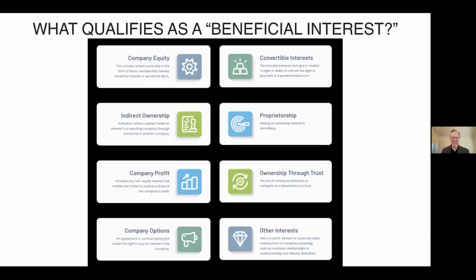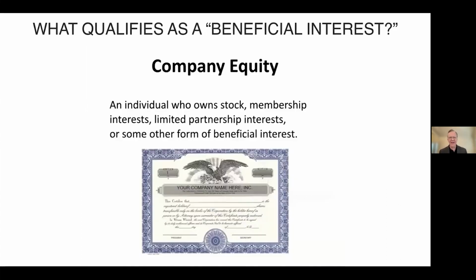So what's going to qualify as being a beneficial owner? And I told you this is where it gets confusing and sticky. So I'll go through these various categories with you. Company equity. So this is a really obvious one. If anybody owns stock, membership interests, or limited partnership interests, or some other form of beneficial interest in a company or an LLC, a limited partnership, you are a beneficial owner.